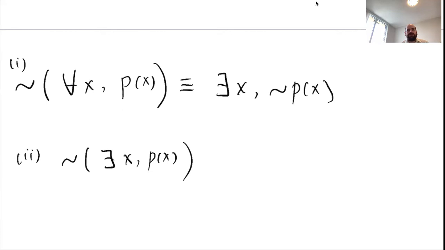Under which circumstances? If for every student in the class, the GPA is less than or equal to 3.6, then I can say it's not the case that there exists a student with GPA more than 3.6. So this is logically equivalent to for each X, negation P of X holds.